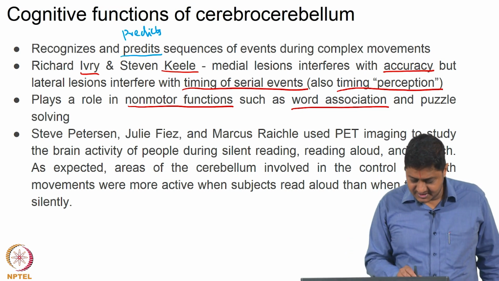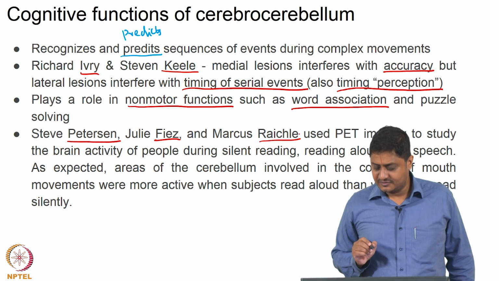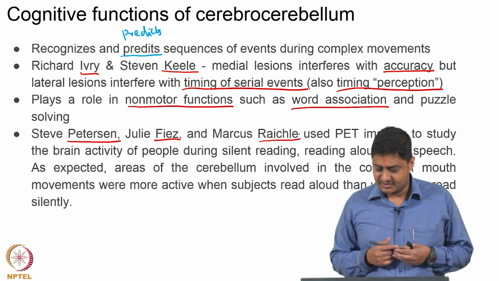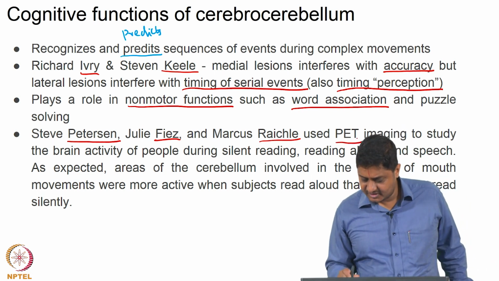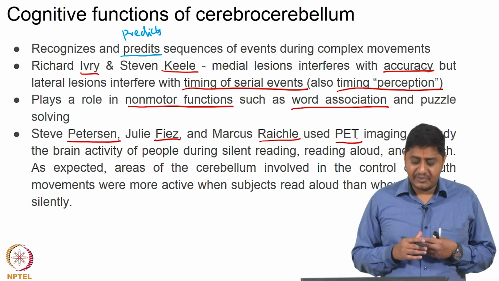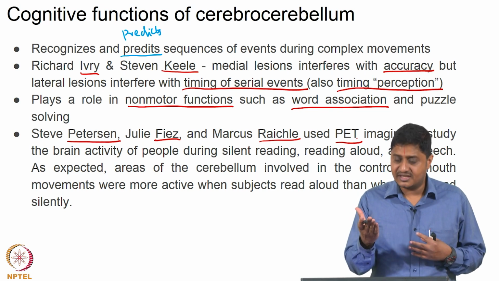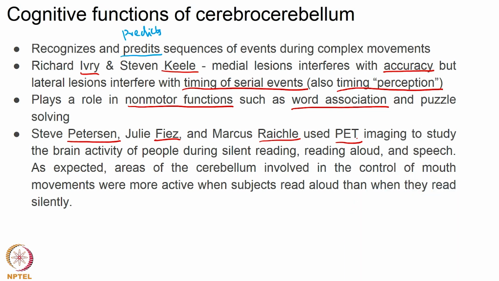Several colleagues, Peterson, Fierce and Reichel, have used imaging techniques, PET, positron emission tomography imaging, to study brain activity during silent reading. A person is given a text and reads silently, and they compared this with reading aloud from a book.